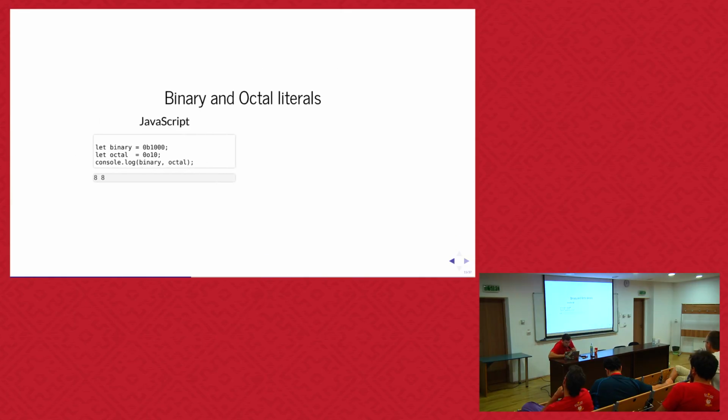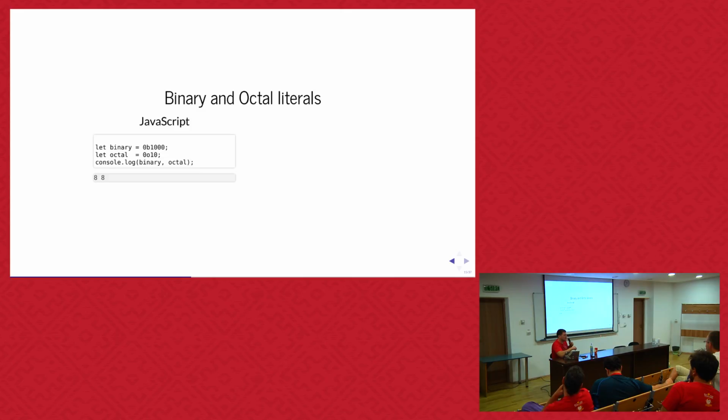Okay, let's go. Binary and octal literals. So, do we have binary literals in Perl? Yeah. Do we have octal literals in Perl? What is an octal literal? What? Sorry? 07?